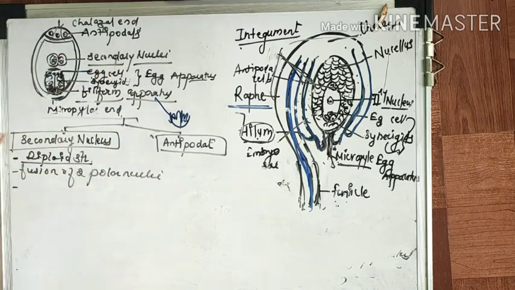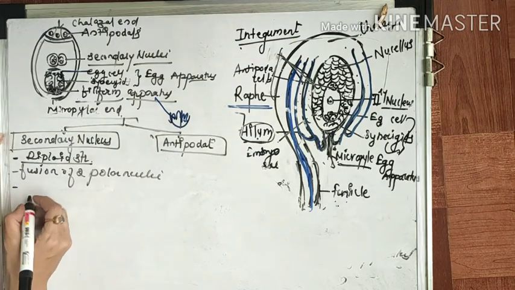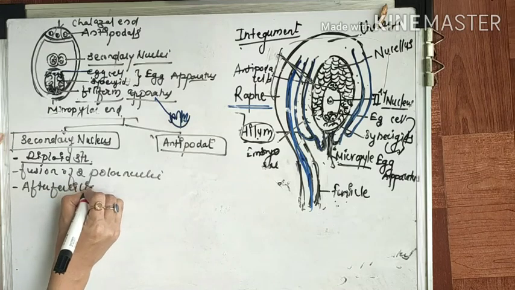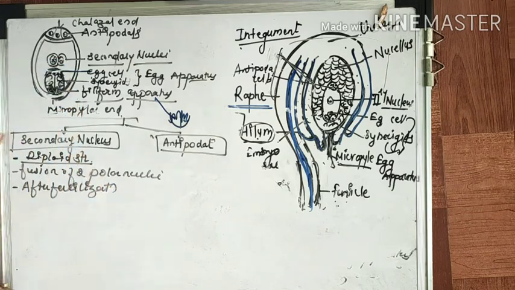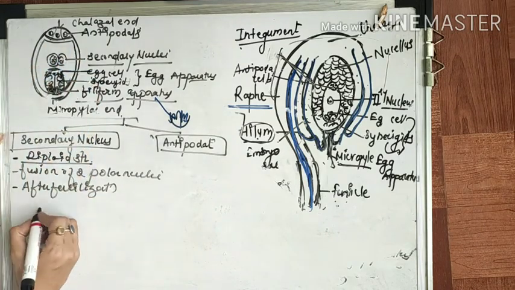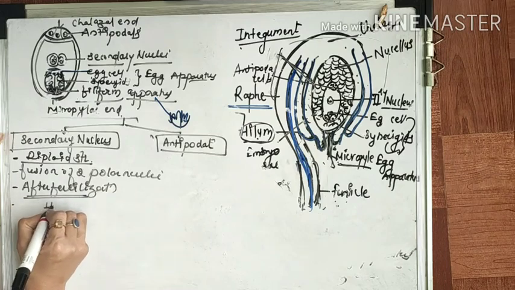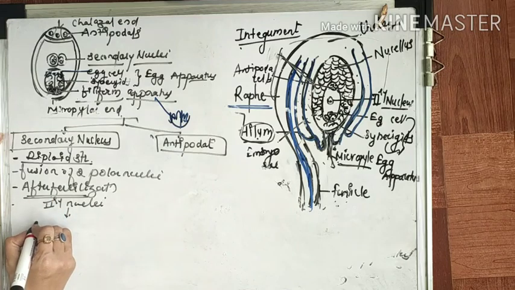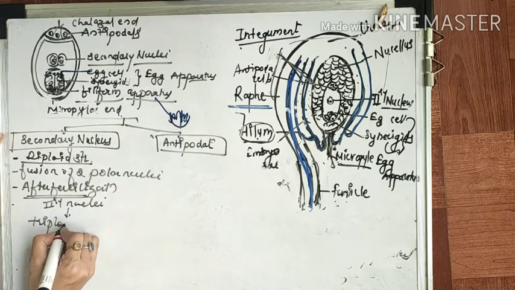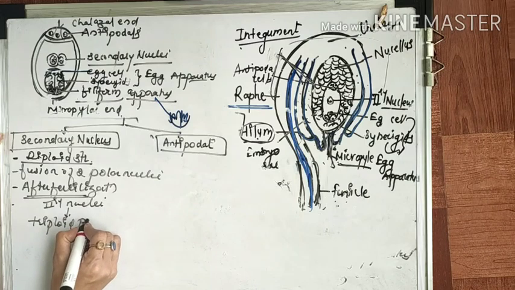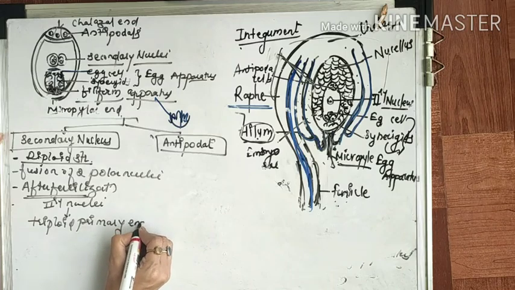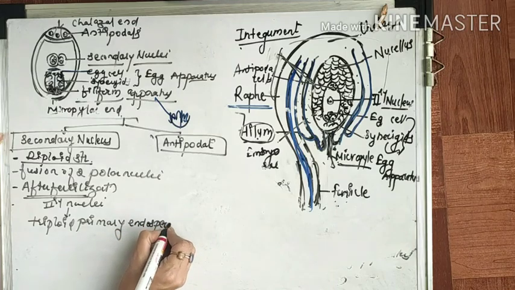After fertilization, what will happen with this secondary nucleus? It gets converted into the triploid primary endosperm nucleus.